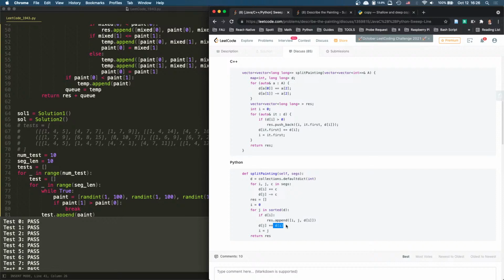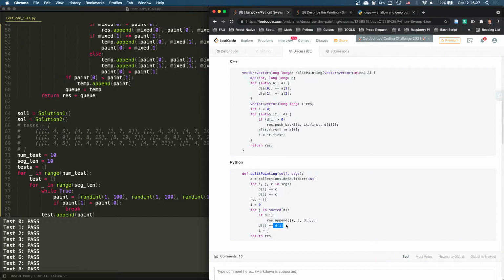Then to find the result, we go through every single segment. For the first one, the value is just this value, di.